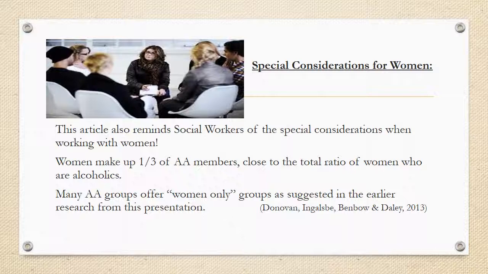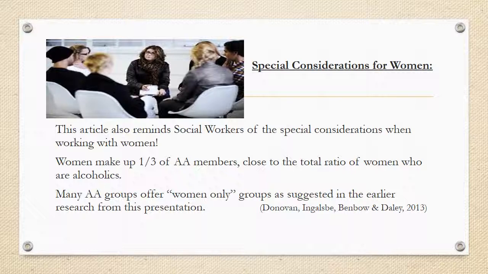What I really enjoyed about this article was that it included special considerations for women. So it reminded social workers of the special considerations when working with women. Women make up one third of Alcoholics Anonymous members, so this is very close to the total ratio of women who are alcoholics compared to the total number of reported alcoholics.